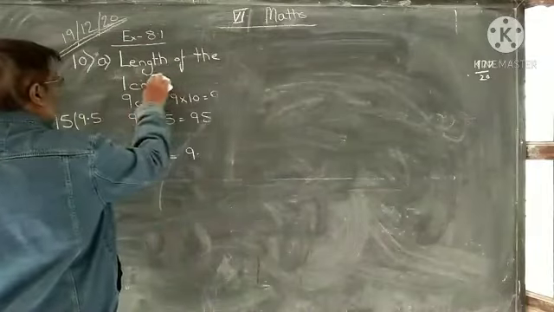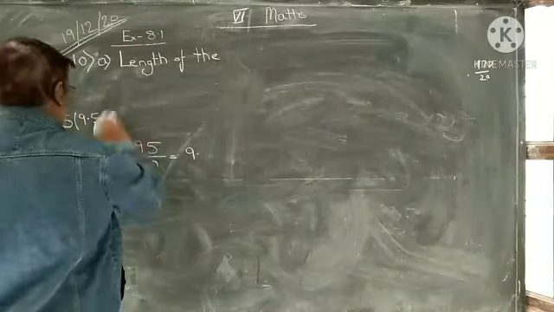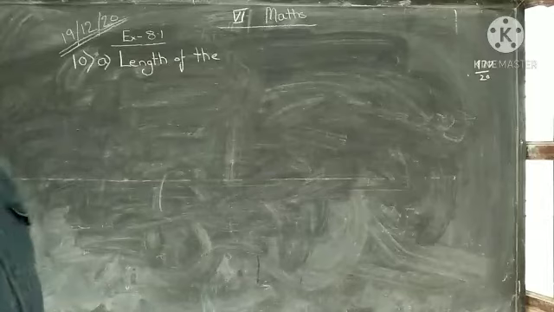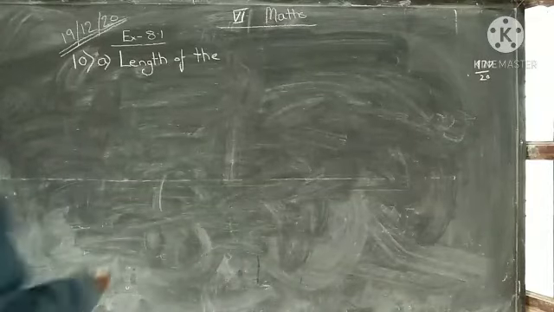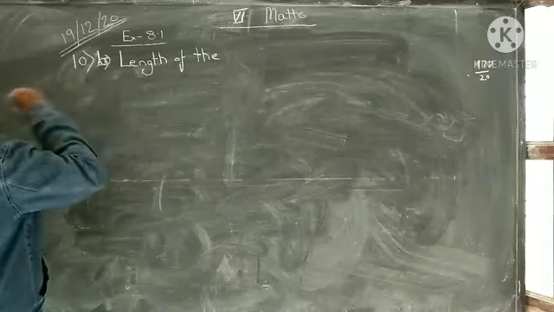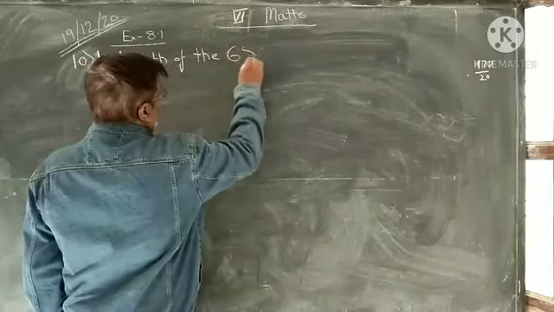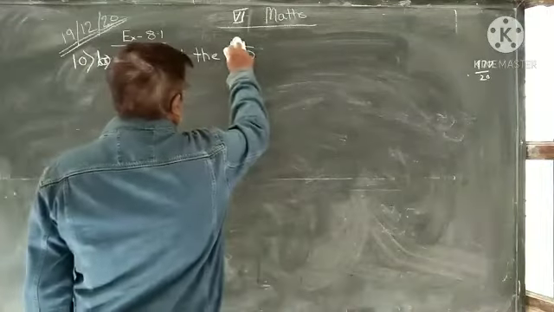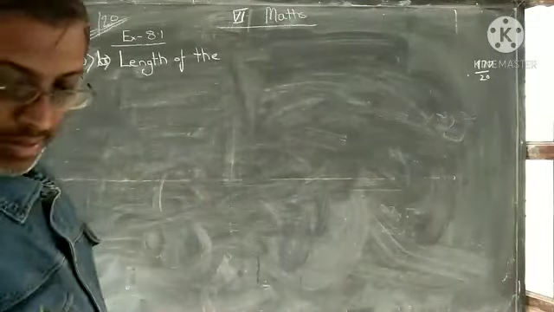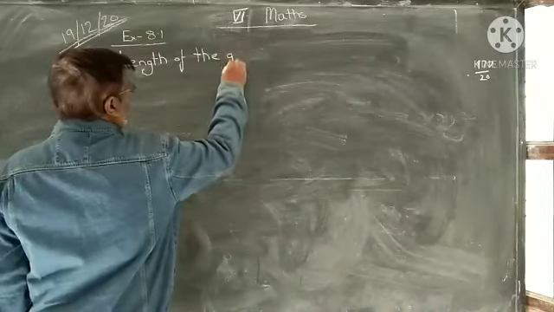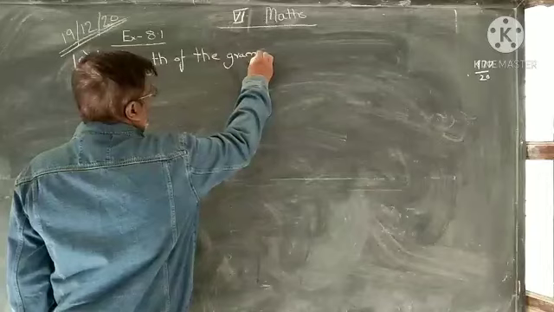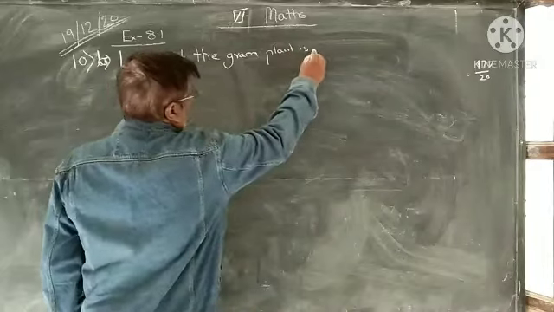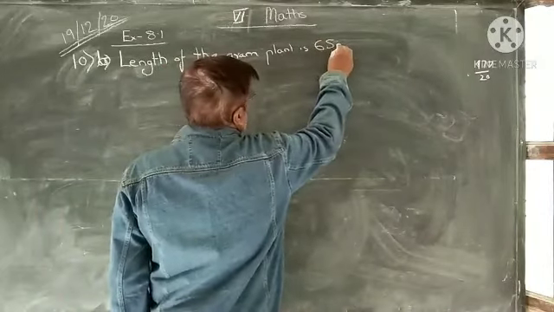Coming to part B, the length of the gram plant is 65 millimeter.